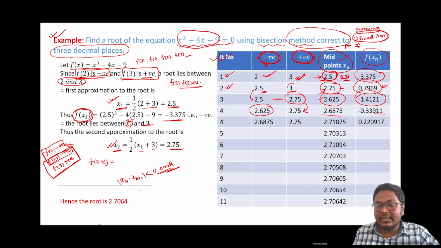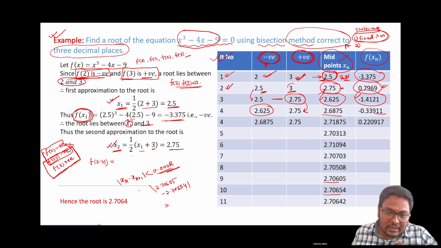So now you can see this 3, this 3. If you subtract these, what will you get? 2.70605 minus 2.70654.